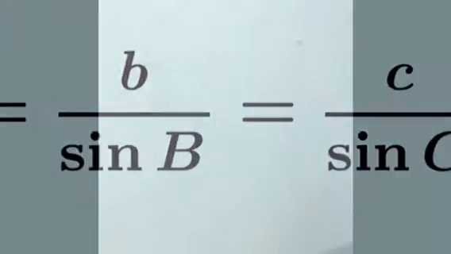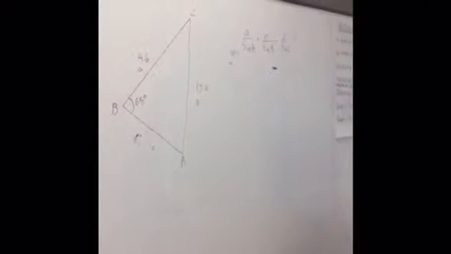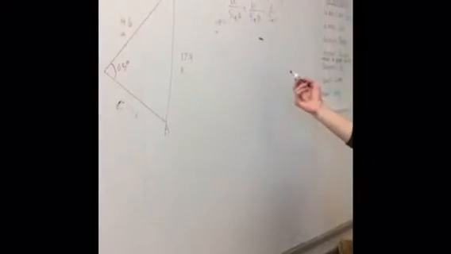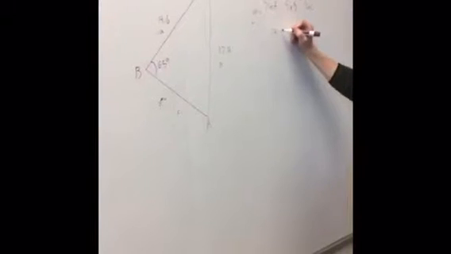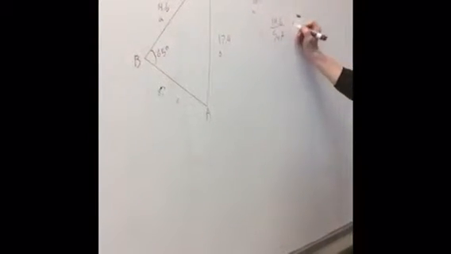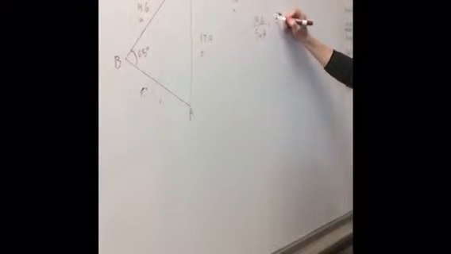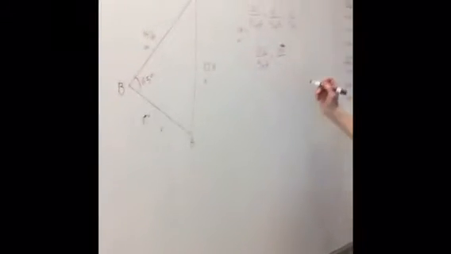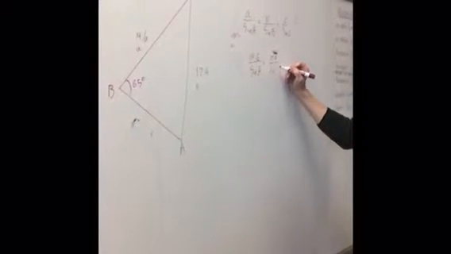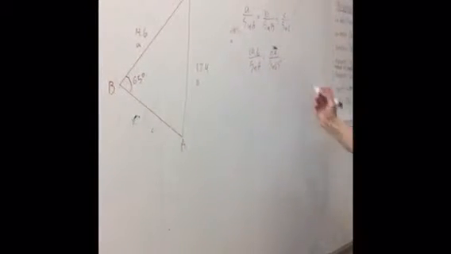Alright, so we're going to use the sine rule to figure out the angle BAC given this triangle, so that we know that a equals 14.6, so 14.6 over the sine of A equals b, which we know is 17.4, over the sine of B, which is the sine of 65 degrees.